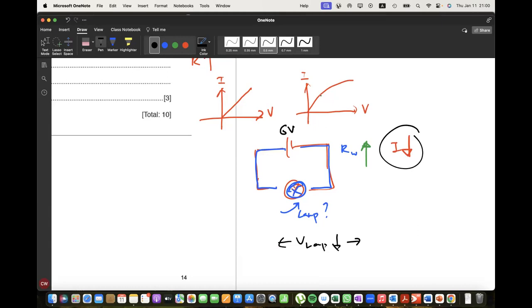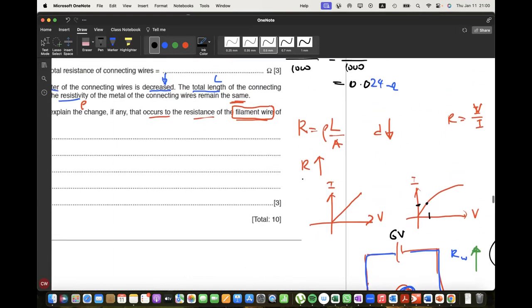Maybe you can think this way. Let us think about it. Current. Three marks.